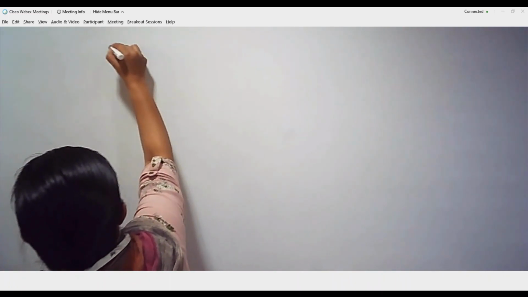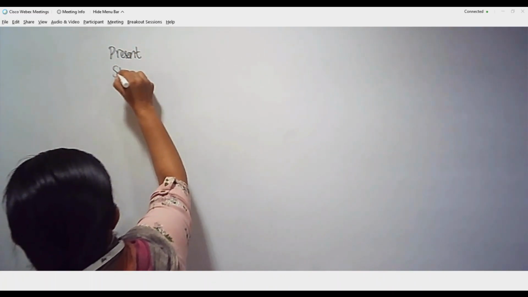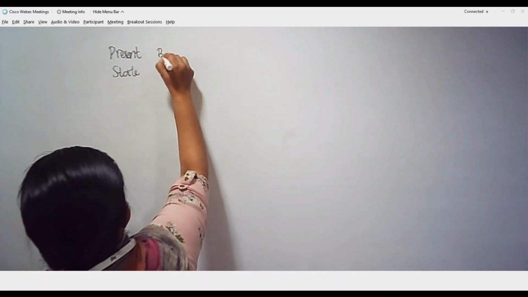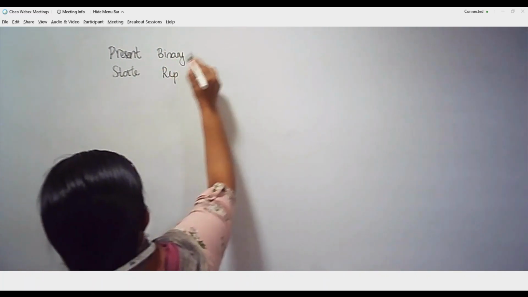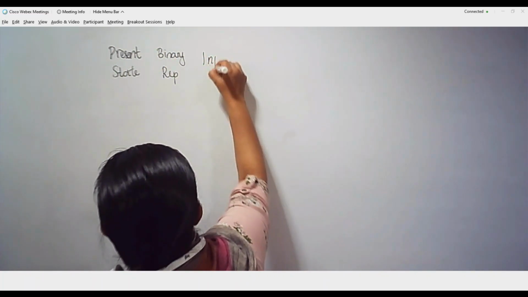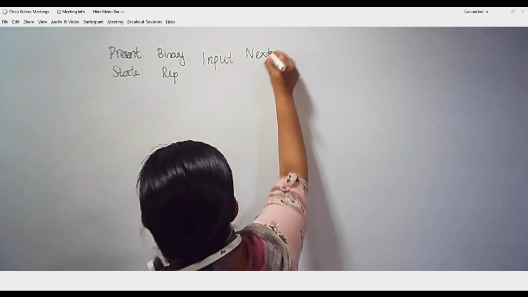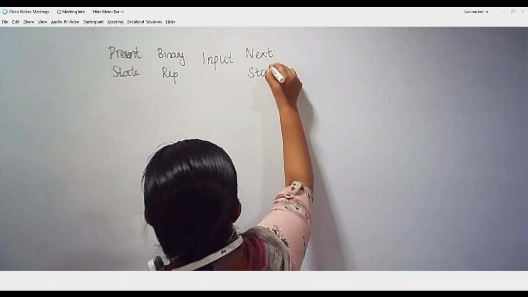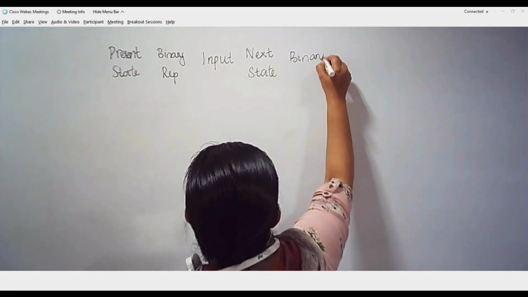So the first column that I am going to write here is present state. Then corresponding to the present state, its binary representation. Then we will have input. Then after giving the input, how the state of the flip-flop will change, and its binary representation.